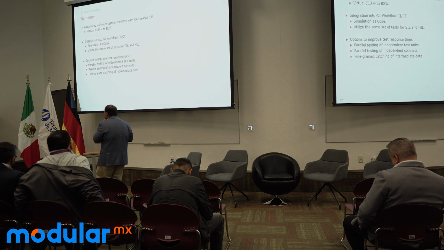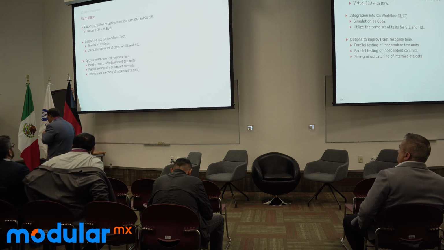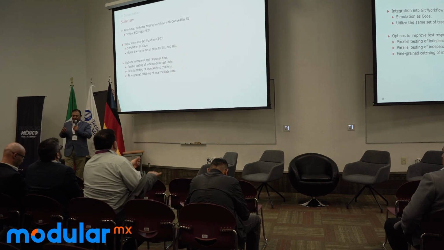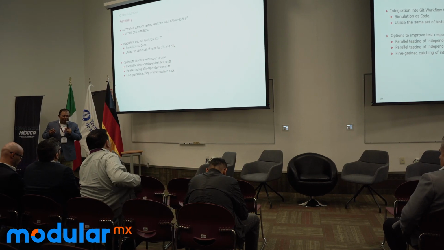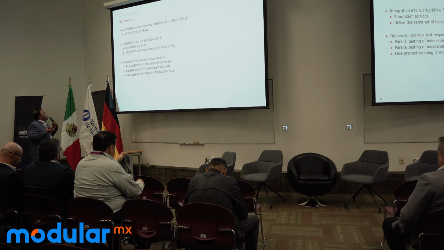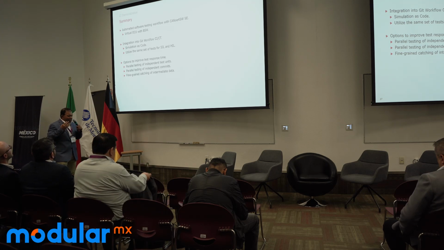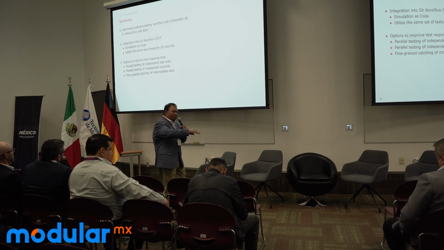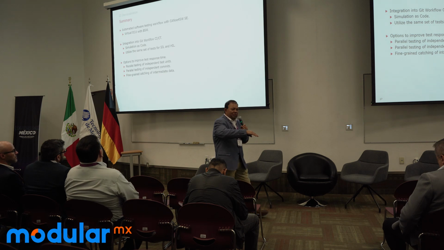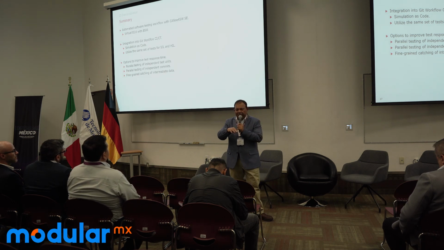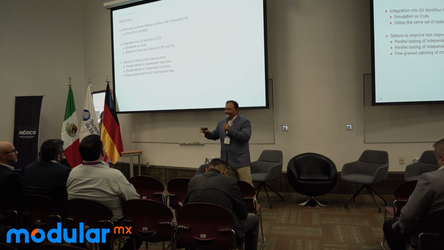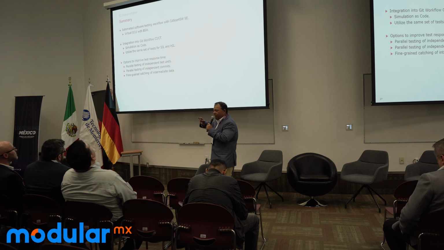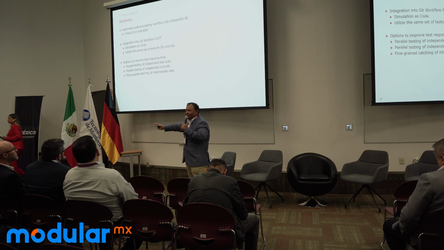Perfect. So let's check the summary here. I talked a little bit about the advantages that we could have here with automation, right? In this case, this automation works for developers on the embedded software side of things, or developers on the testing side. Same infrastructure, same methodology, working with two different types of developers, which is another advantage.